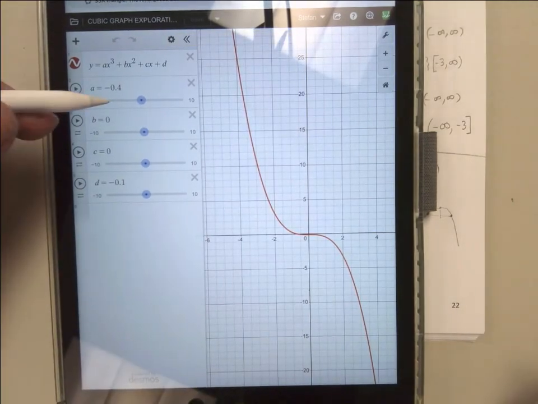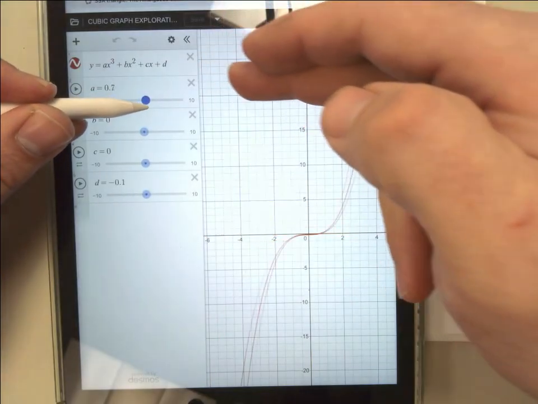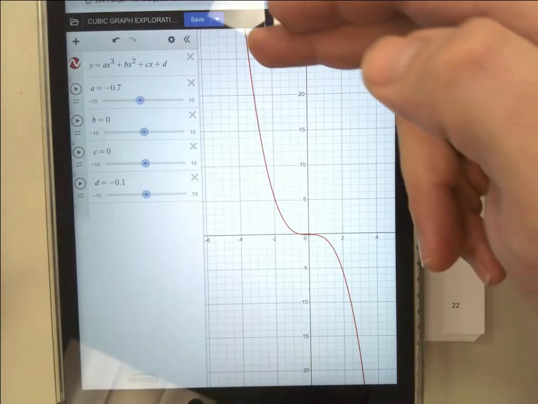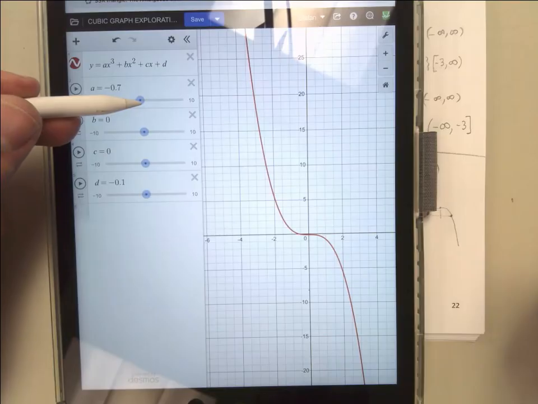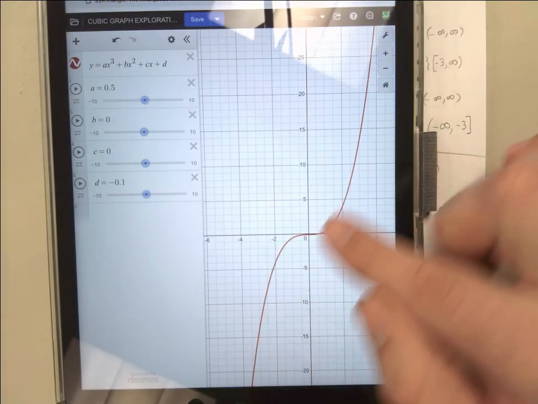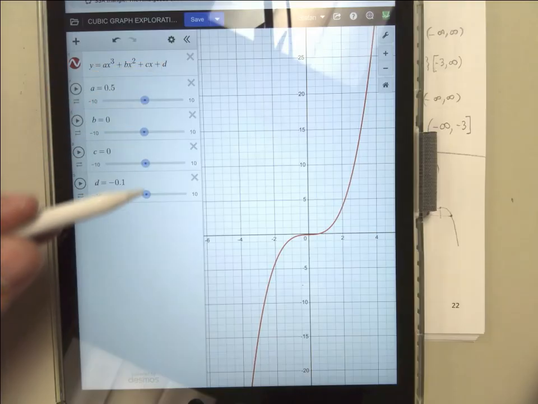Okay, so A still tells us, if A is negative, we're expecting it to go down from left to right. If it's positive, it's going to go up from left to right. No surprises there. What happens to D? D is the constant.